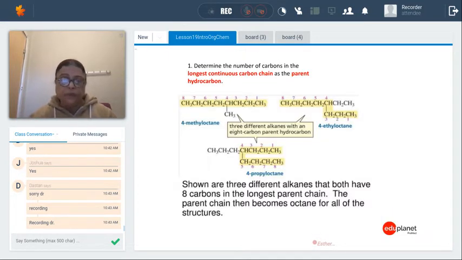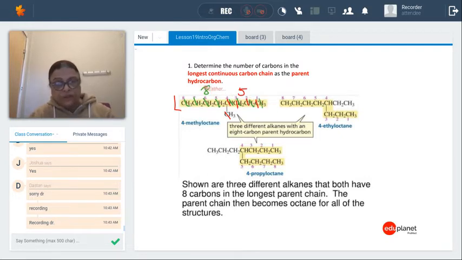Okay, here we have these 2 molecules. What is the longest continuous carbon chain in the one here on the left? How can we count? We can count 1, 2, 3, 4, 5. This way we count 5. Or we can count 1, 2, 3, 4, 5, 6, 7, 8.